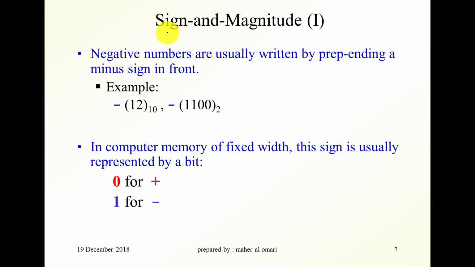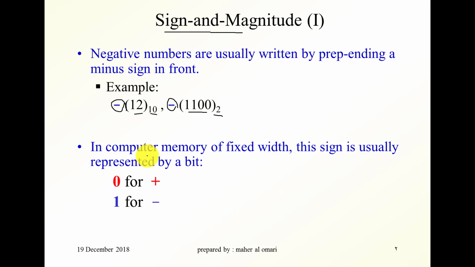In the sign and magnitude notation, negative numbers are usually written with a minus sign in front. You see, this is a negative 12 in base 10, and we have a minus sign in front of it. This is a negative number in base 2, and we have a minus sign in front of it.